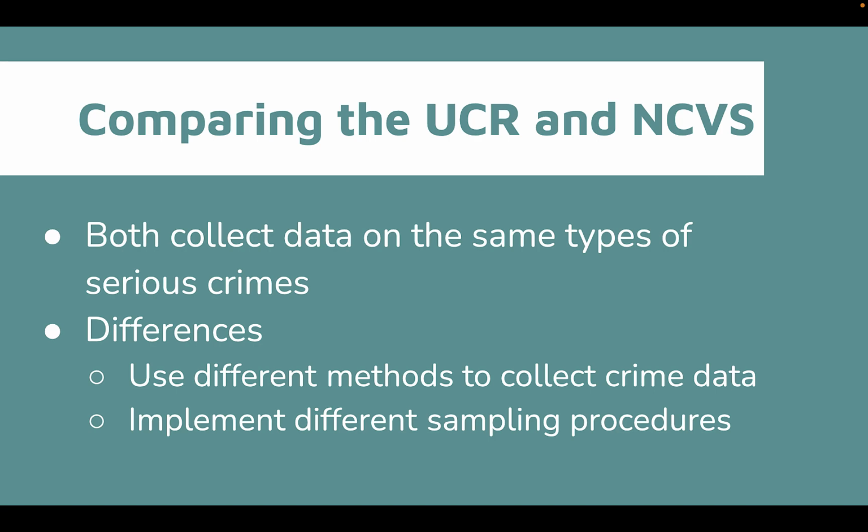So the UCR is saying, hey, police department, tell me how many of these crimes happen and the details. And the NCVS is saying, fill out this survey, you tell me, self-reported survey. Very different. So they also use different bases to calculate the rates for certain crimes, and they implement different sampling procedures. So that's obviously going to impact the kind of data that you're getting from each one.